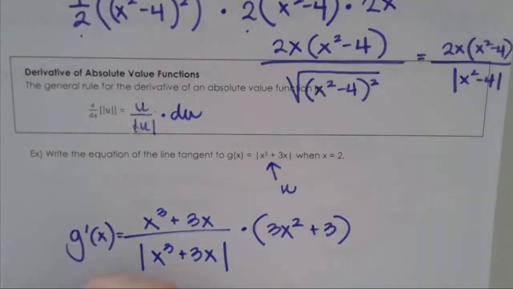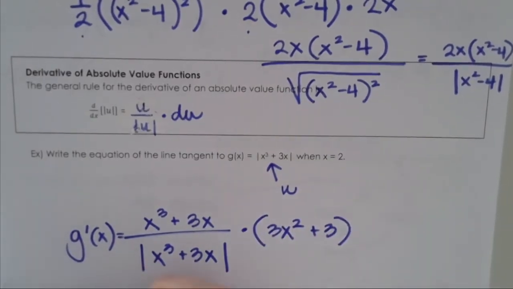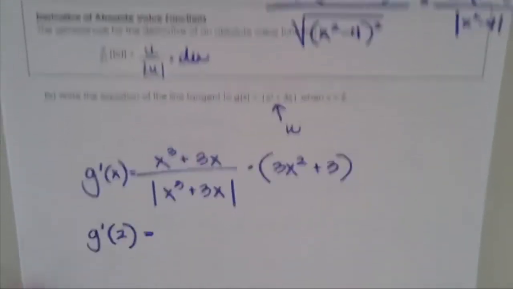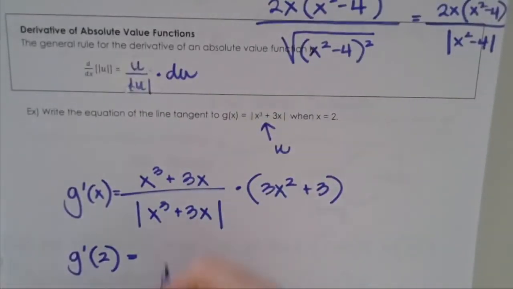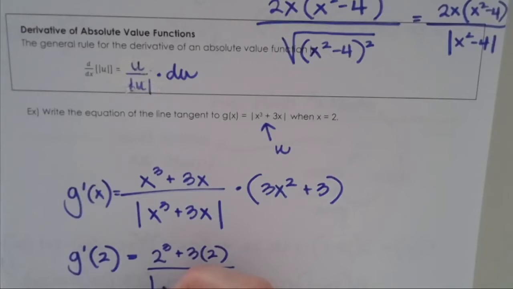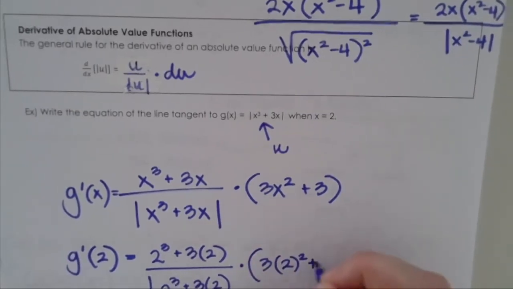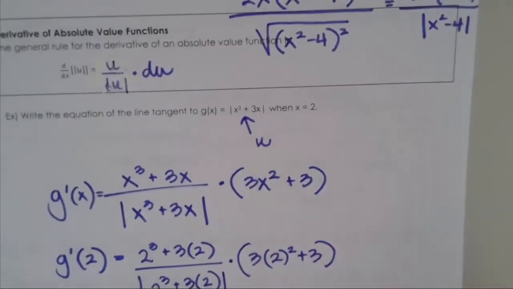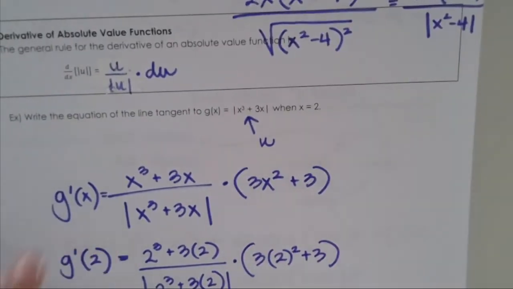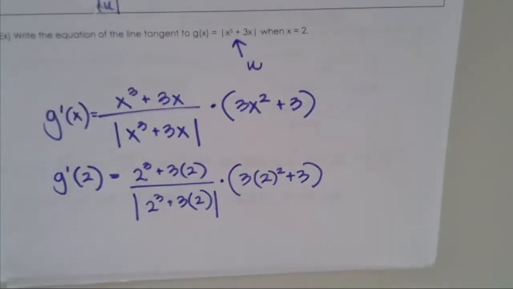So my derivative of that function g is this right here, when x equals 2. So now I take that derivative at 2. Everywhere I see x, I'm going to put 2 in there. So 2 to the third power plus 3 times 2 over absolute value of 2 to the third plus 3 times 2, times 3 times 2 squared plus 3. 2 to the third power plus 3 times 2, that's 14.